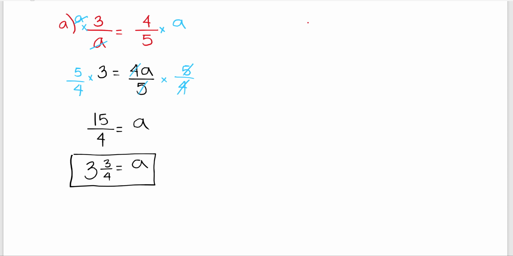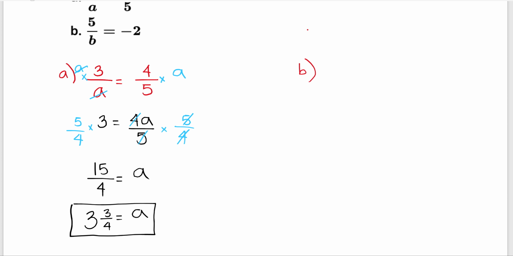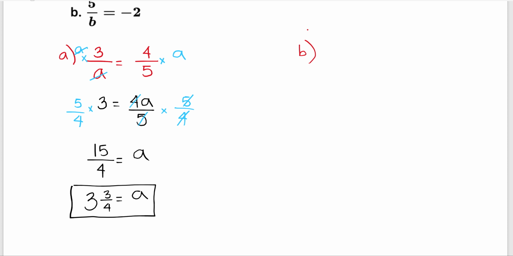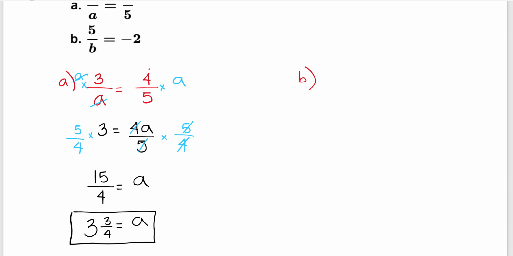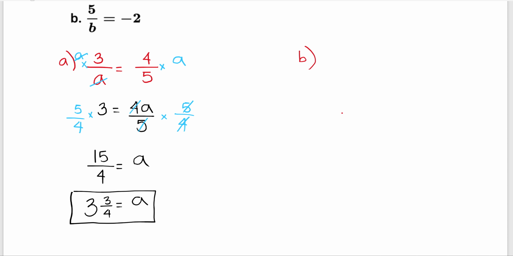Wonderful. And then let's do b. B says 5 over b. Why b? I hated that here the a was next to this a, and now they have done the same thing. Blech. 5, I'm going to give myself a space. 5 over b is equal to -2.